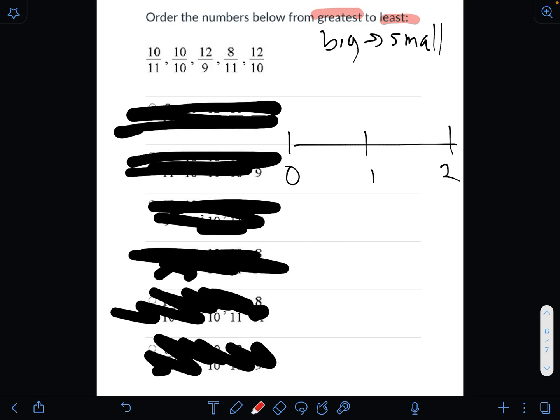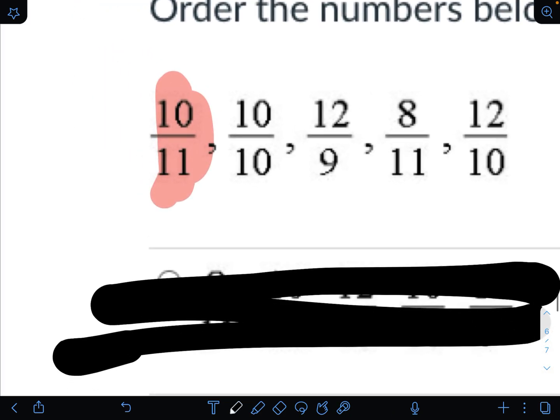Well, now you just look at the first one. 10 over 11. Is 10 over 11 smaller than 1? Or is it bigger than 1? Okay? So what you can do to figure that out is you can always take it like candy bars. You can say, okay, I have a candy bar that is chopped into 11 equal pieces.